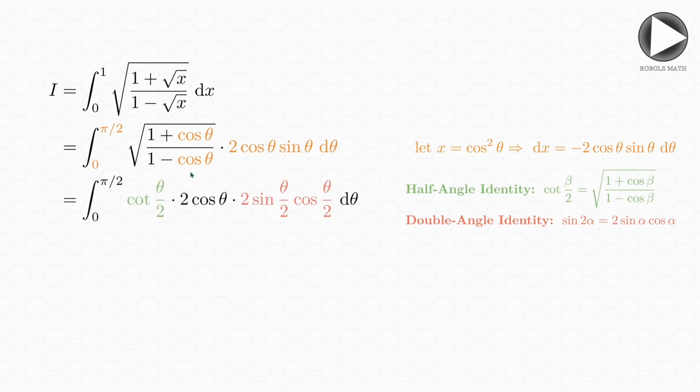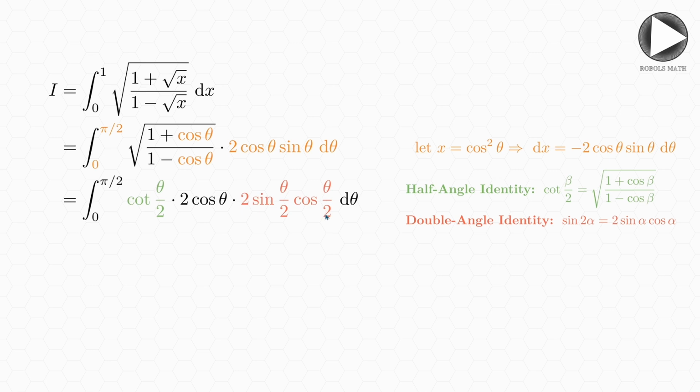I would also like to express this sine theta in terms of theta over 2 angles using the double angle identity for sine. We know that sine 2 alpha is equal to 2 sine alpha cosine alpha. So this sine theta is equivalent to 2 sine of theta over 2 times cosine theta over 2.